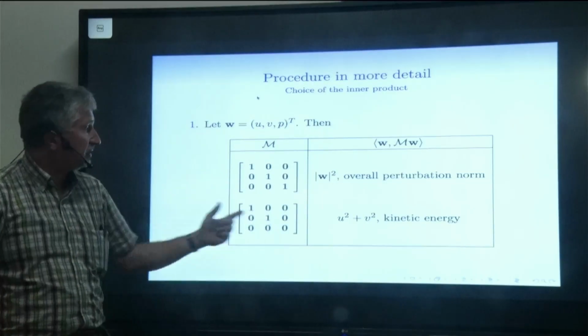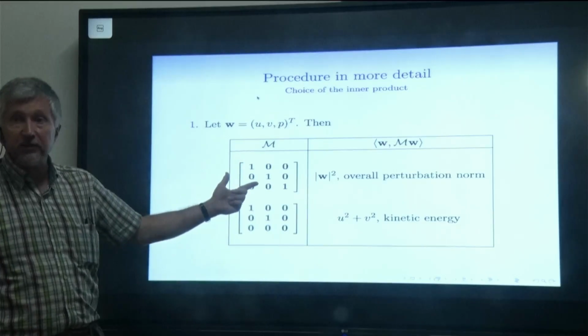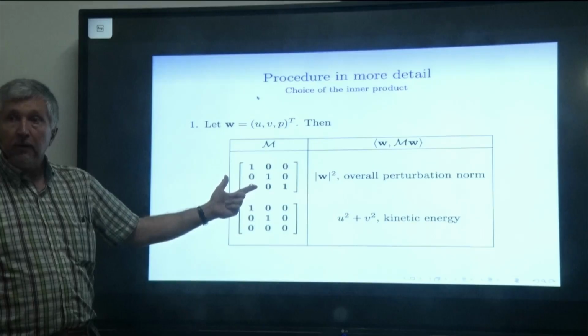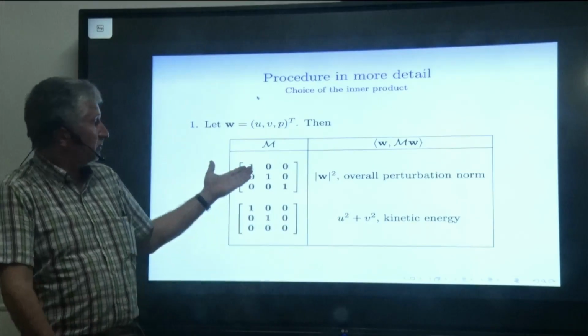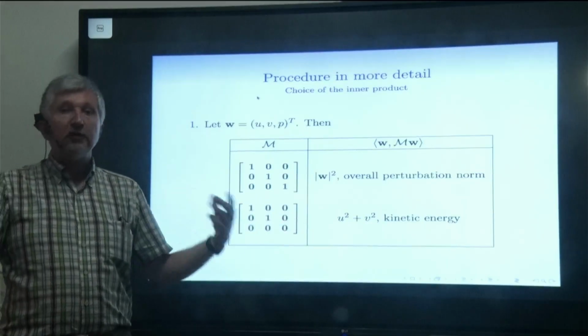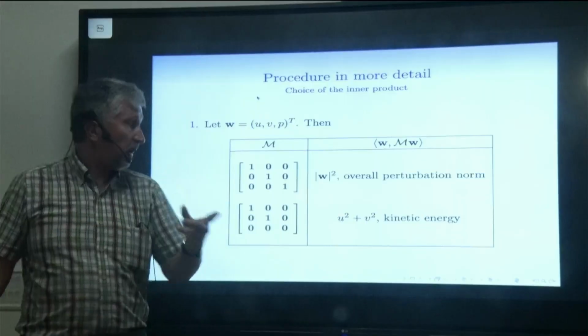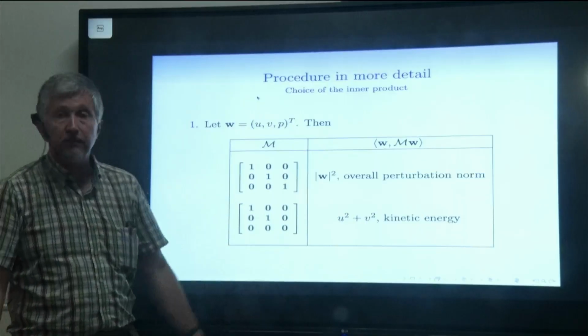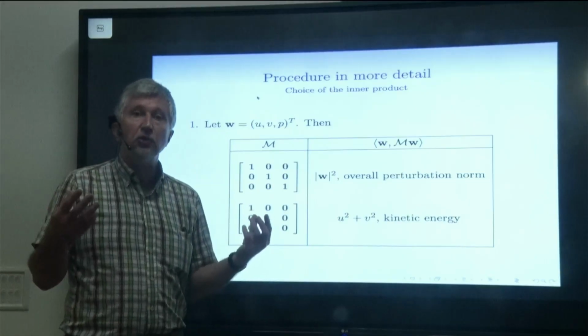Of course, you are free to choose any other metric. For example, for whatever weird reason you would like to include pressure, well, go ahead. Just use the identity matrix, 1, 1, 1. Or for whatever reason you don't want to include V and P, in that case you will get 1, 0, 0. So it is completely under your control.